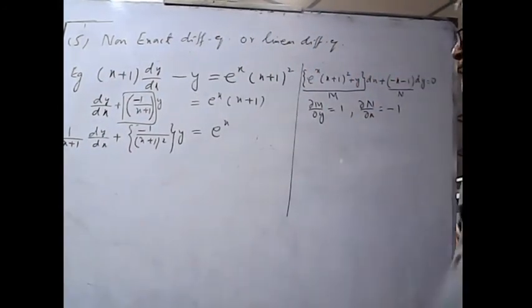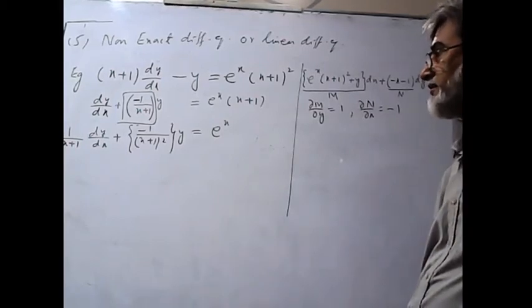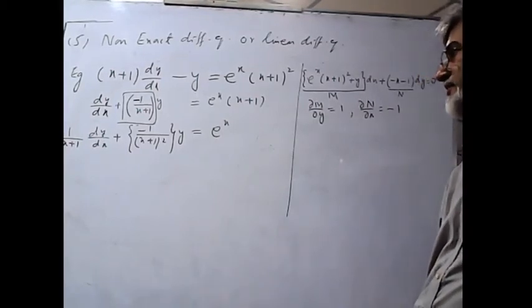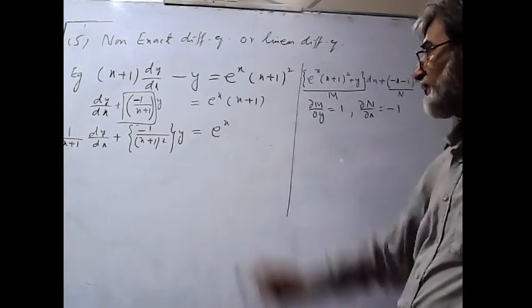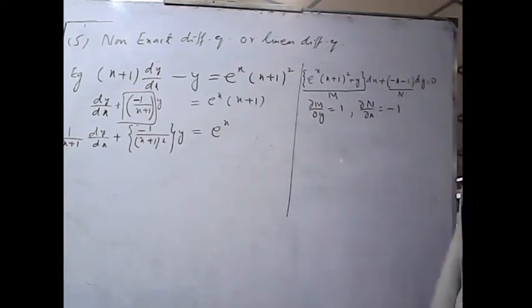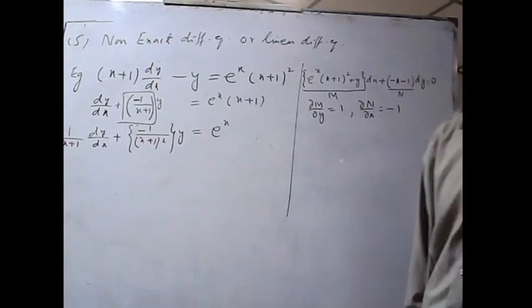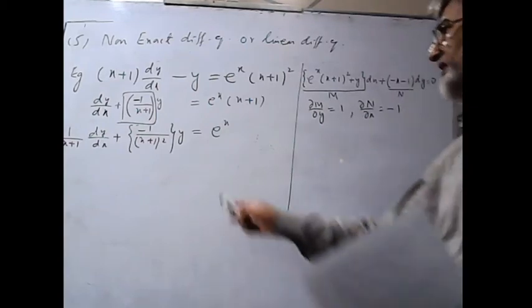First term multiplied by 1 upon x plus 1, then second term multiplied by 1 upon x plus 1 whole square. Then on the right hand side, the third term involves x plus 1, multiplying by 1 upon x plus 1 means dividing by x plus 1, so x plus 1 cancels out, and we get this factor.